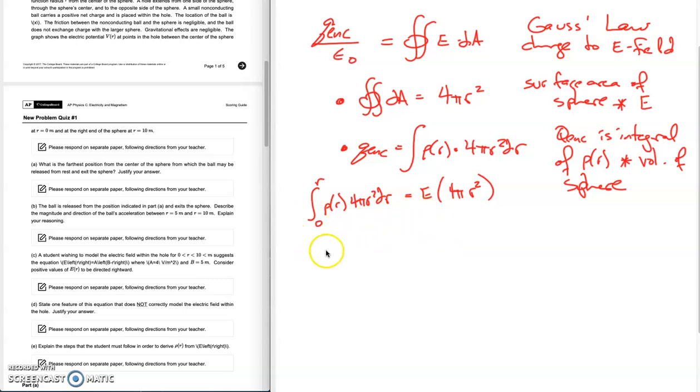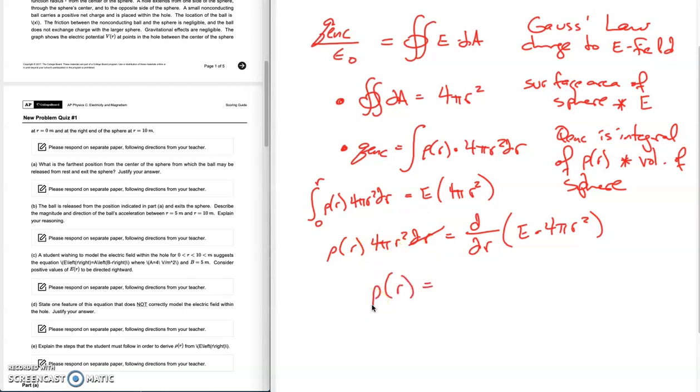Then we have rho of r times 4 pi r squared dr equals the derivative with respect to the radius of the right side of Gauss's law, and that integral disappears as part of taking the derivative. Then we divide by the surface area of the sphere, so rho of r equals 1 over 4 pi r squared after we took the derivative.